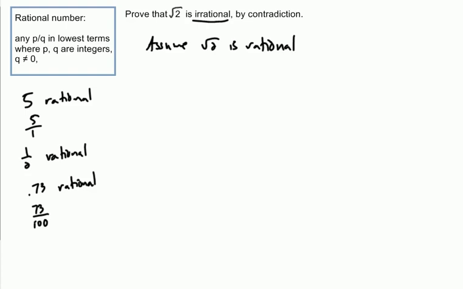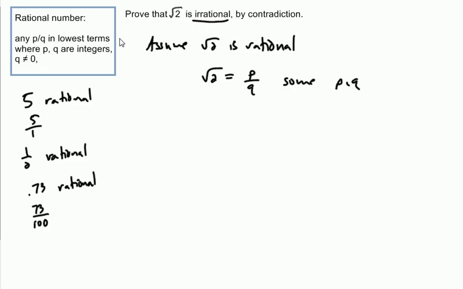So if the square root of 2 is rational, we'll start our proof: the square root of 2 must be p over q for some p and q. And again, the assumption here is that p over q is in lowest terms, p and q are integers, and q is not equal to 0. The key is actually going to be in lowest terms.